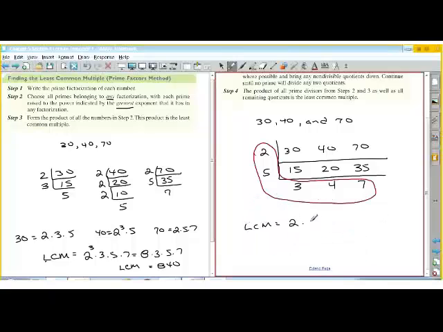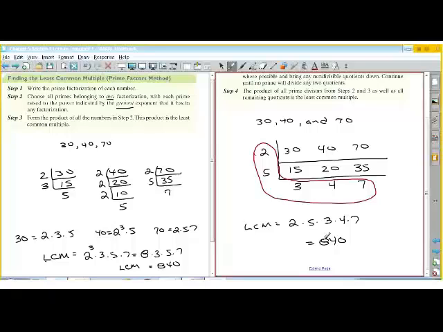So my least common multiple is 2 times 5 times 3 times 4 times 7. And I should get the same number if I did it right. 2 times 5 times 3 times 4 times 7, and I get 840.